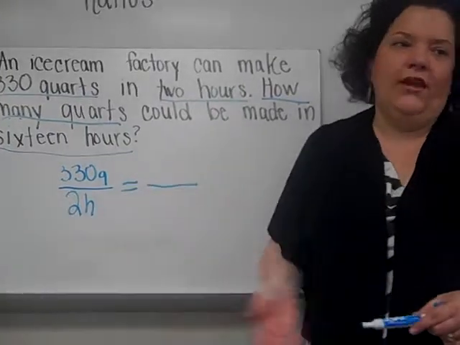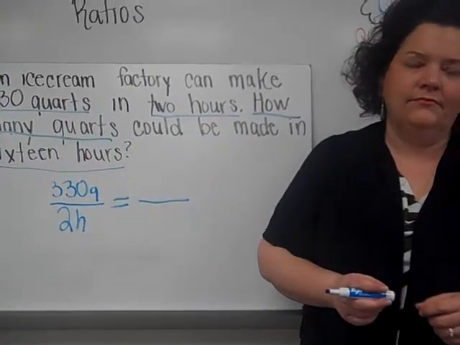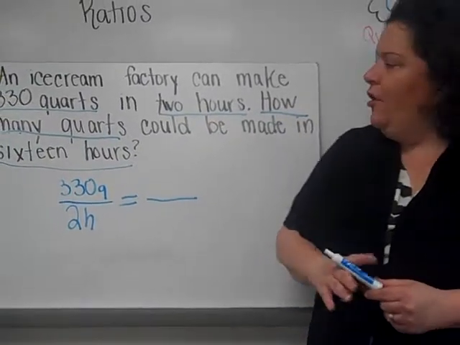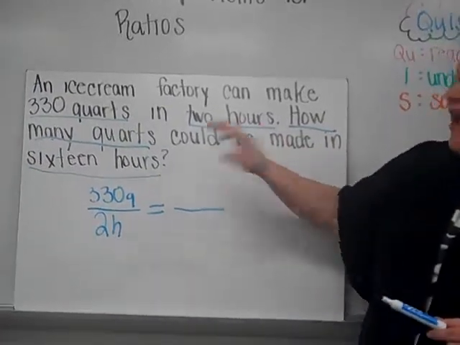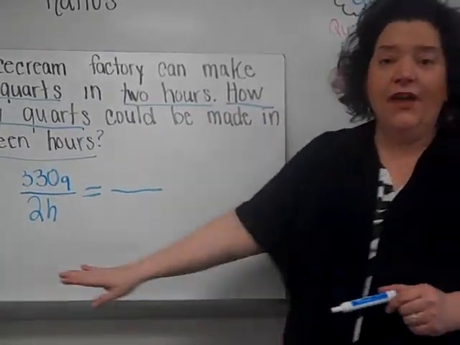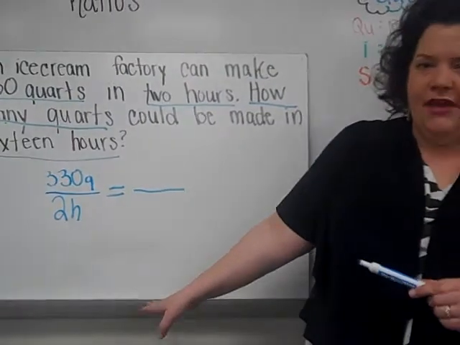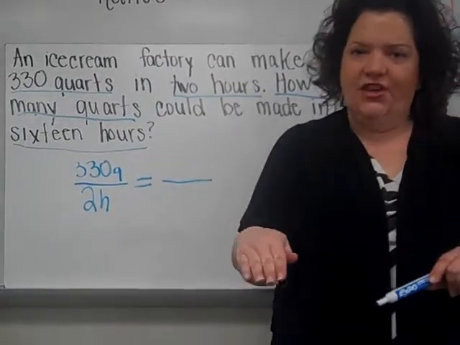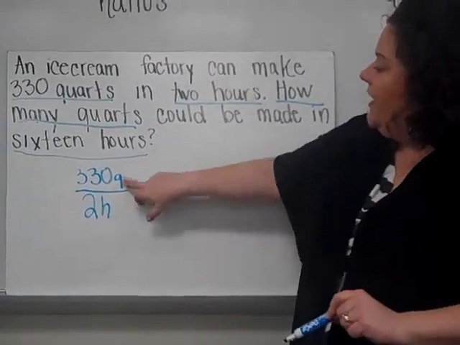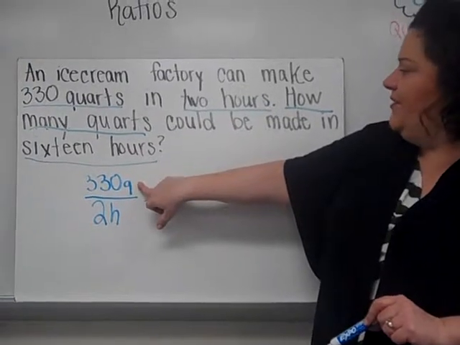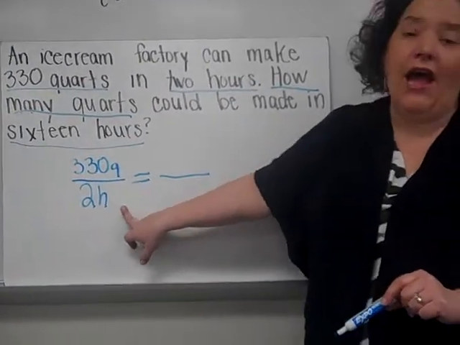At this point, we have to decide where the 16 hours should go. So you have to keep the units of measurement across from each other. We're not talking about quarts with the 16, we're talking about hours.